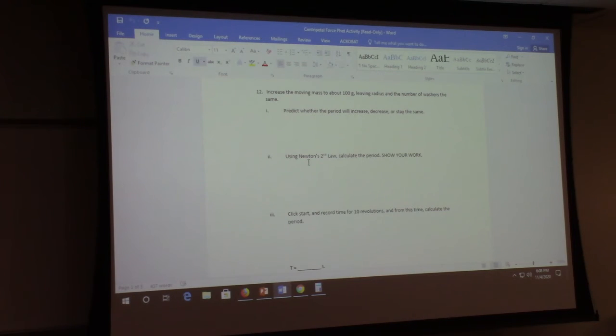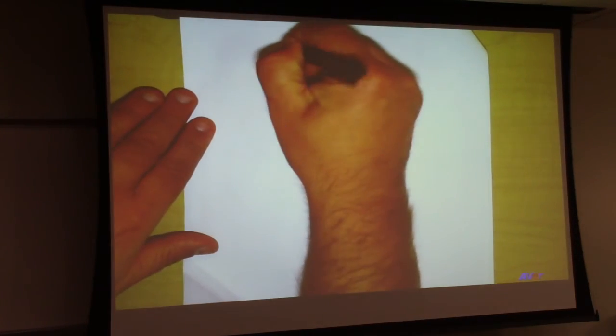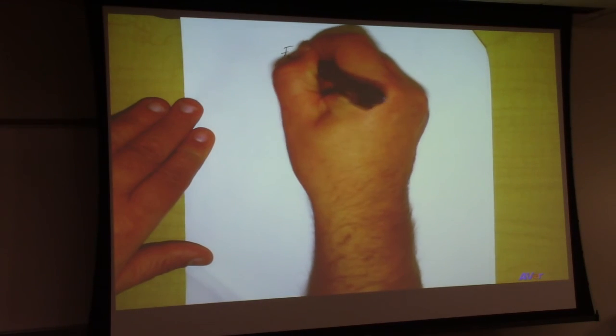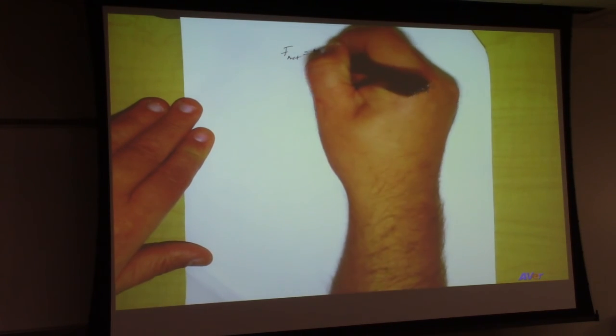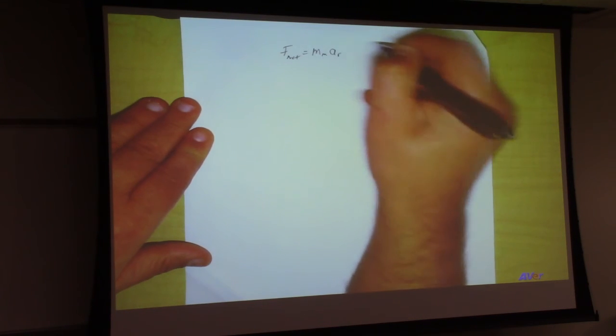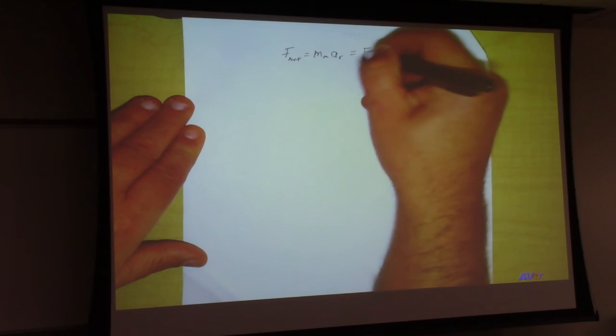So here's what it means by use Newton's second law to do that. So we had this. The net force, I think I called this moving mass, times radial acceleration is equal to the tension.